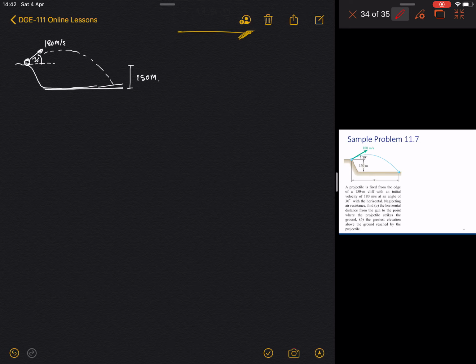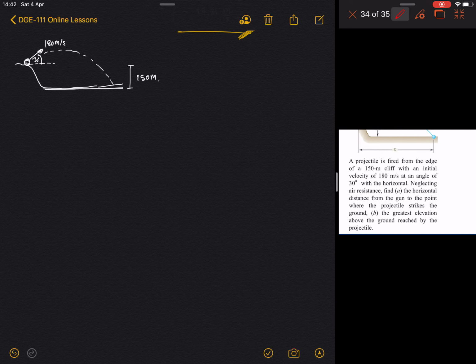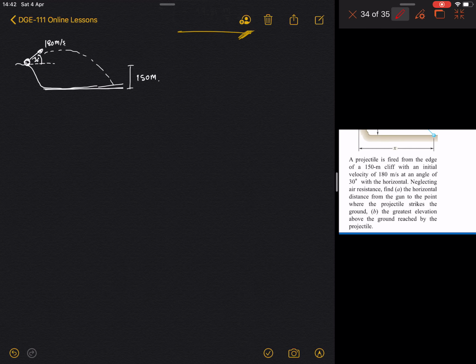Then what are they asking? First, with the initial velocity of 180 meters per second, the angle is 30 degrees with the horizontal. Neglect the air resistance, that's why it's good. Find the horizontal distance from the gun to the point where the projectile strikes the ground.